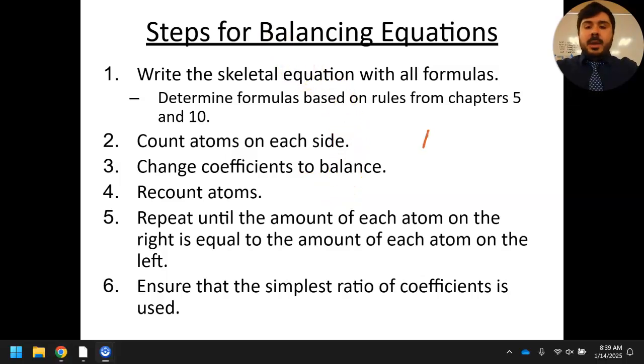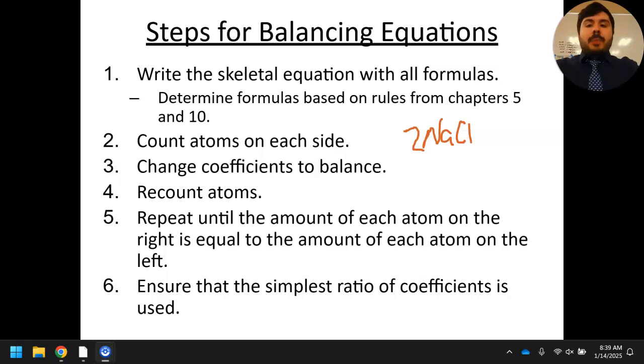If I look at NaCl, there are no subscripts here. There's technically an invisible subscript of 1 on our Na and our Cl. But as soon as I put a coefficient of 2 out in front, that changes the number of Nas I have.